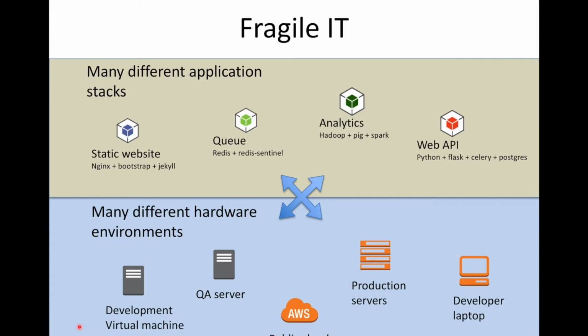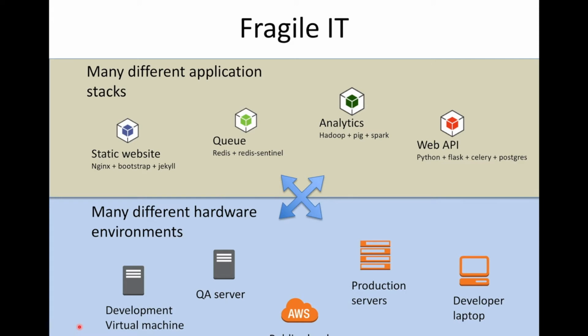We might have an analytics stack that is running Hadoop and maybe Spark. We have a web API built using Python and the Flask framework. So we have all these different application stacks in our environment that we need to manage. We might have dozens of these. If we're working at a large company, we might have hundreds of application stacks that we need to maintain.